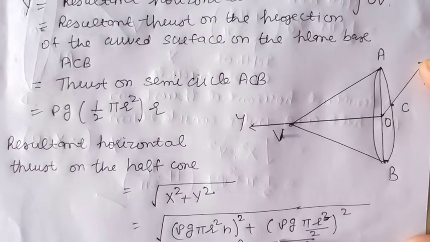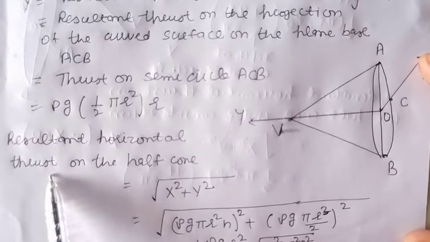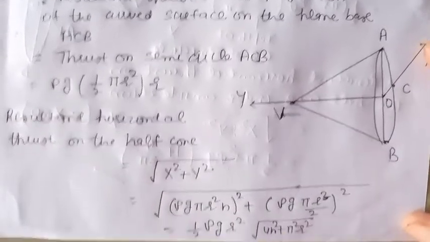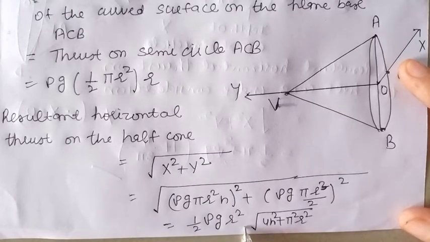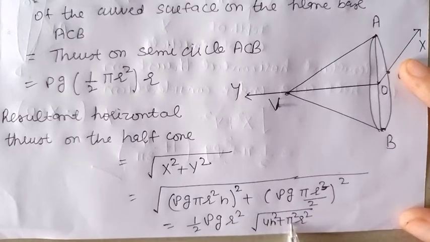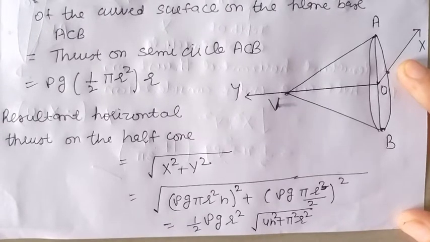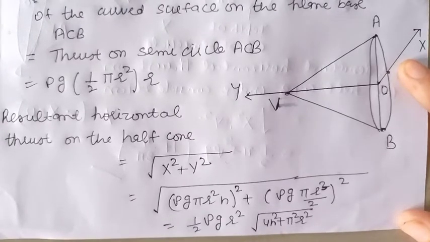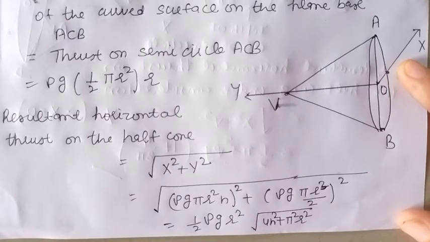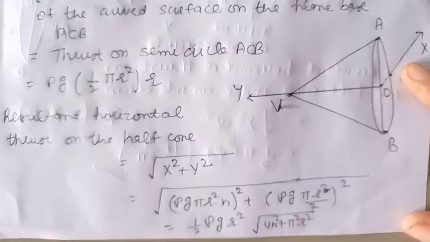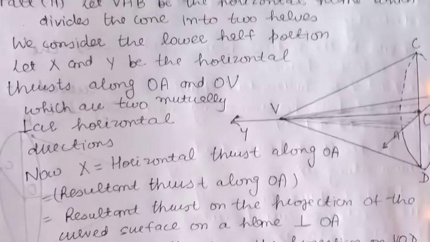Putting the values here, we get the resultant horizontal thrust on half of the cone as half of rho into g into r square into square root of 4h square plus pi square r square. So this gives us the resultant horizontal thrust on half of the cone cut off by a vertical plane through the axis.